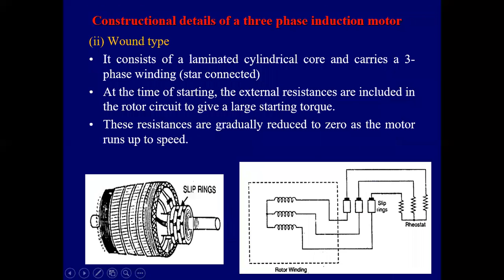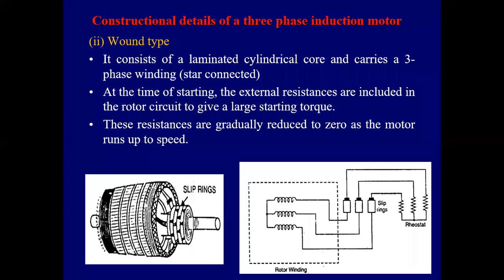Here in the second diagram, you can see a rotor winding, slip rings and external resistances. That means the slip ring rotor has the flexibility of connecting external resistances into its winding. But in the squirrel cage rotor, the rotor terminals are not available outside. Once again, the main difference is that in the squirrel cage rotor you don't have the flexibility of connecting anything to the rotor winding.